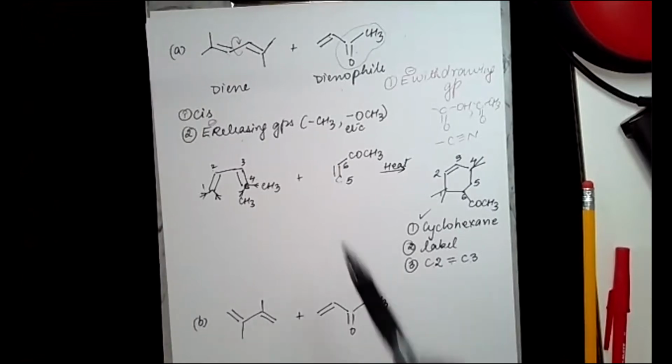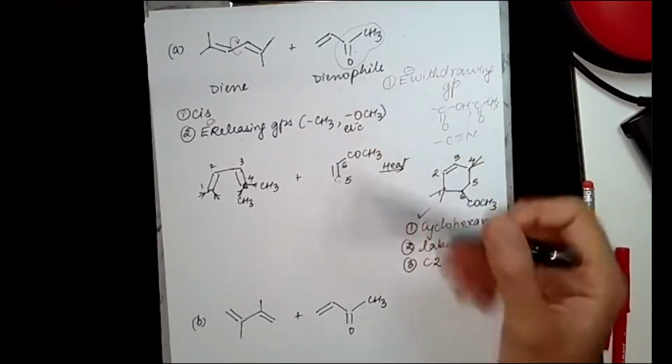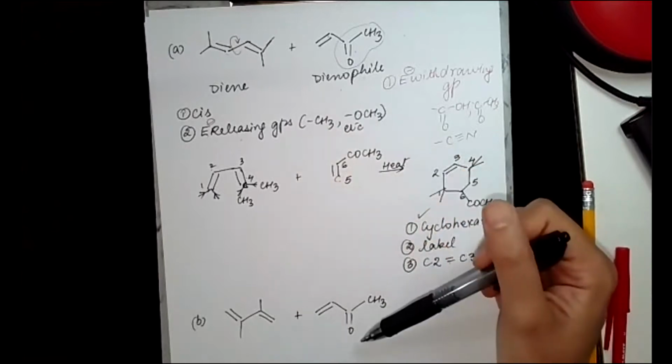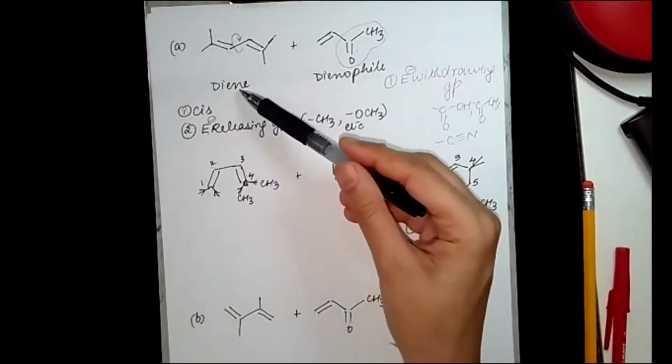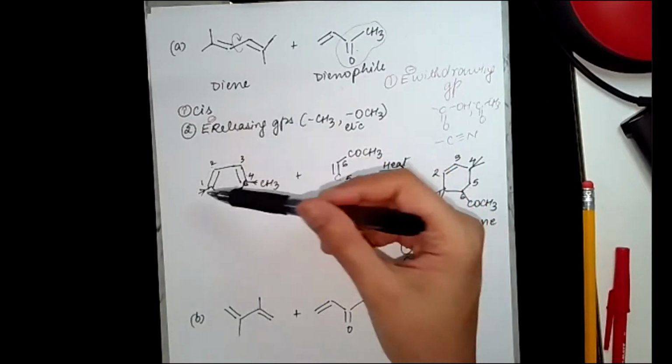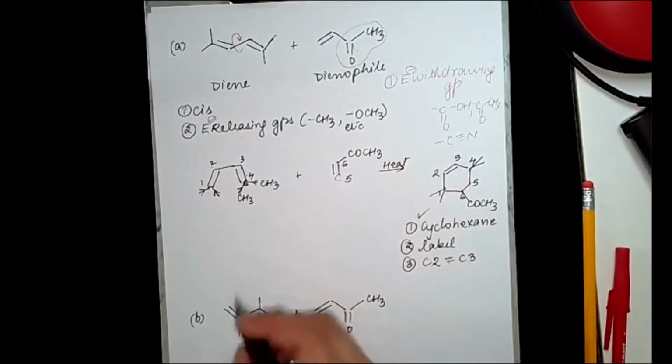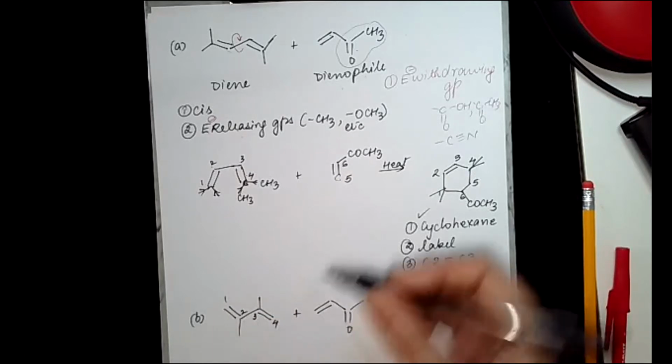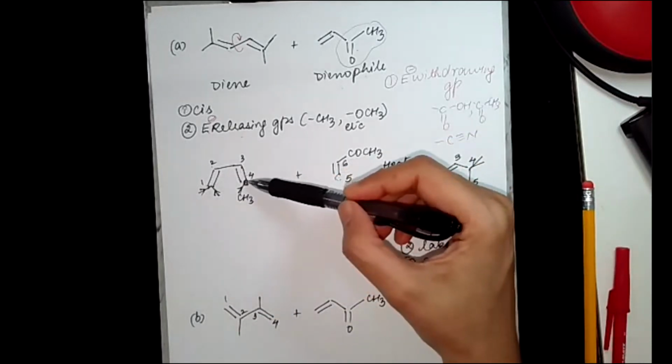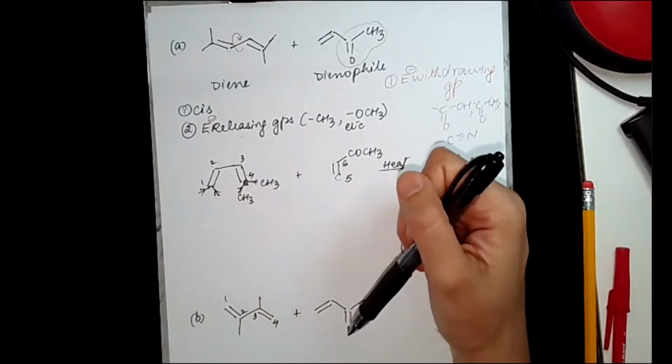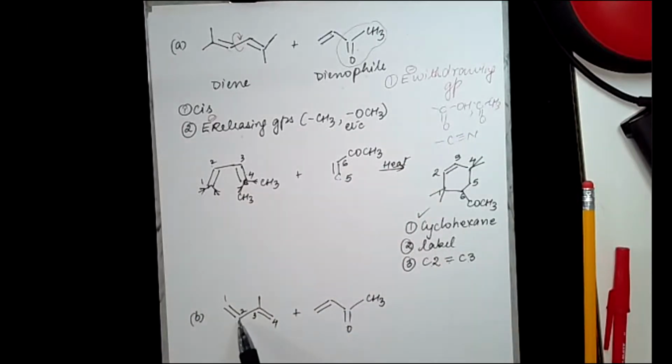If you look at my dienophile file, I drew the exact same one. But what about my diene? If you look closely, my substituents have changed. 1, 2, 3, 4. Instead of having my substituents at 1 and 4, now my substituents are at 2 and 3.